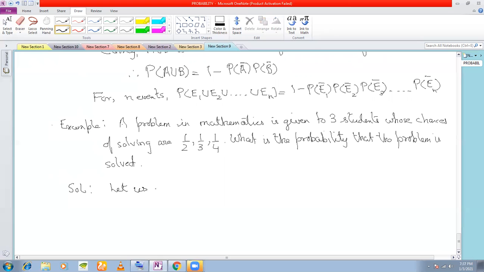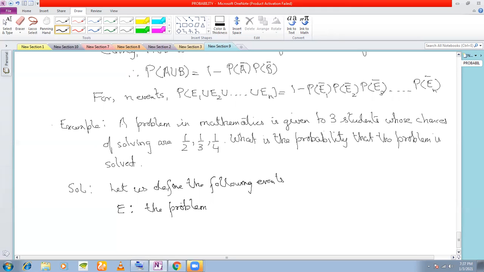Let us define the following events. What is the first event that you will define? The first event is from the question. What is the question here? That the problem is solved. So we will define the event E, the problem is solved. Understood? See how you frame the events.